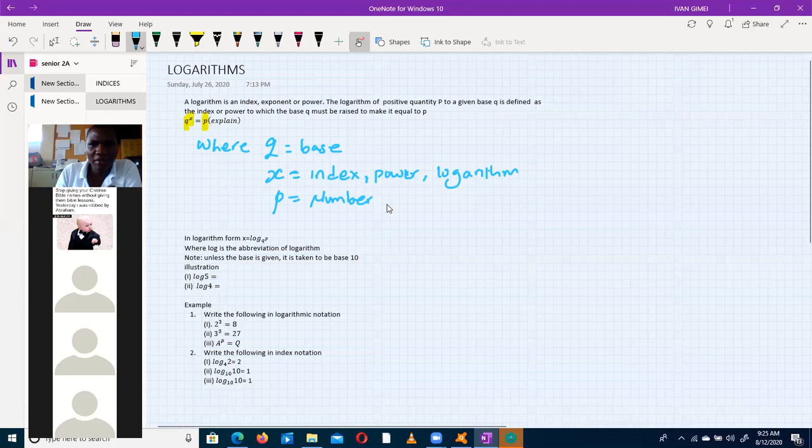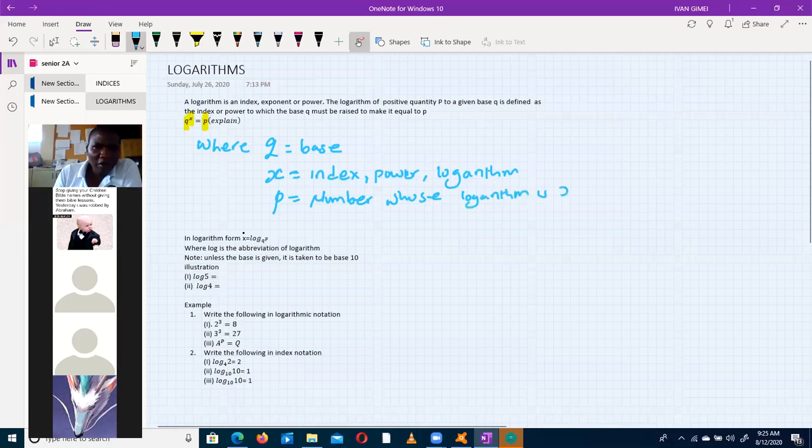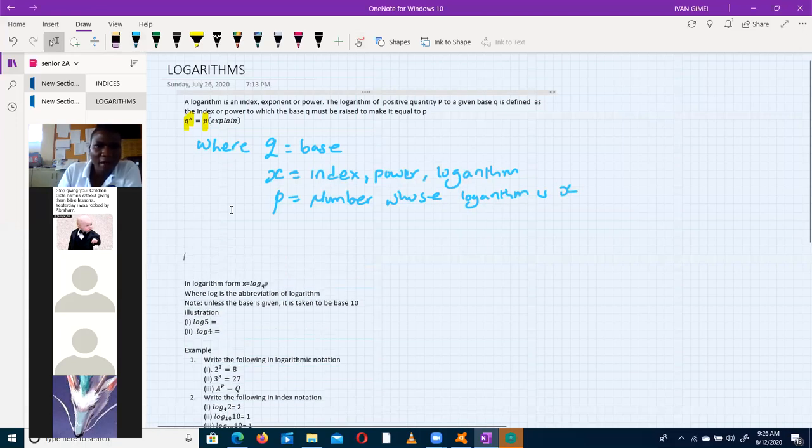And p is a number whose logarithm is x. Now, when they ask you to write this in logarithm notation, this is how we write it. We say q to the power of x is the same as p.